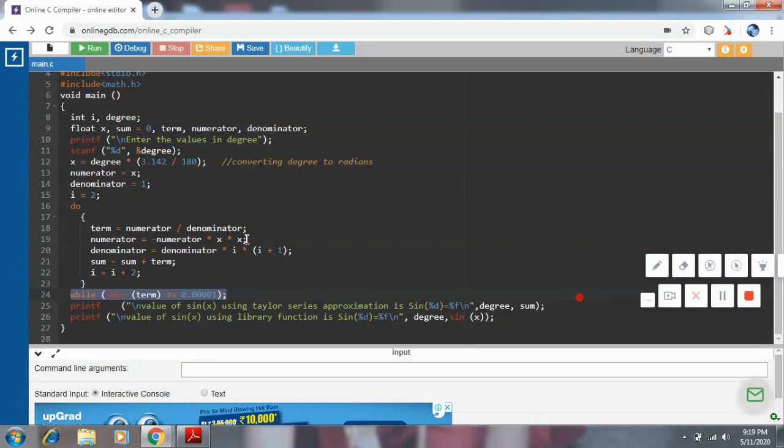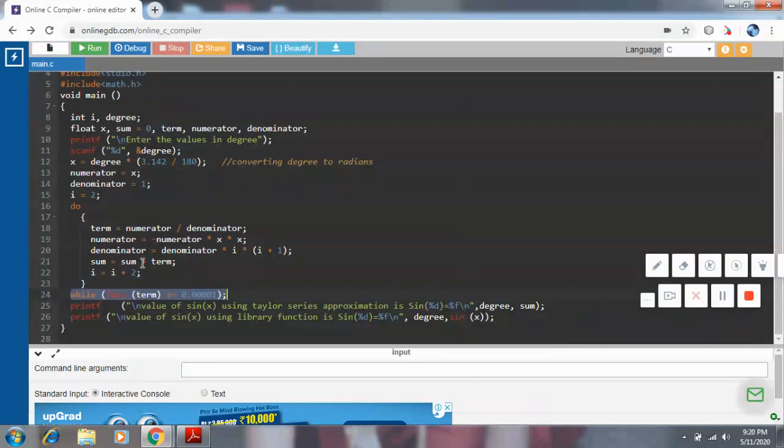The sign is minus because it is an alternating sign, which we observed in the series. Denominator equals denominator into i plus 1. This helps us find the factorial in the denominator of the particular term.